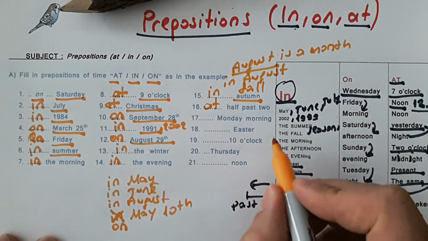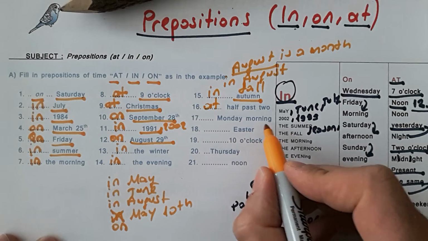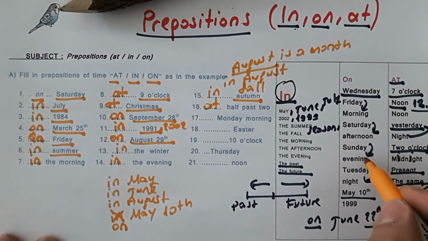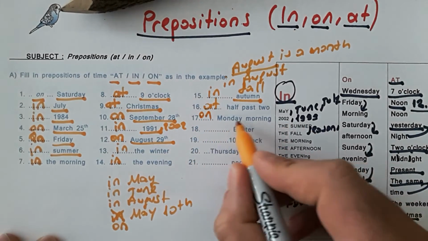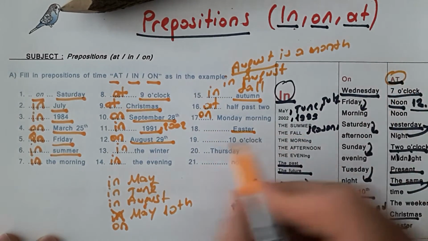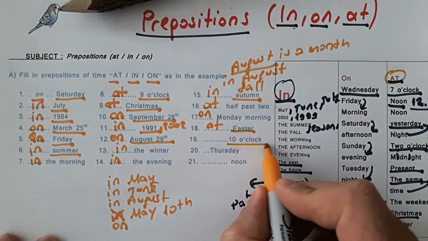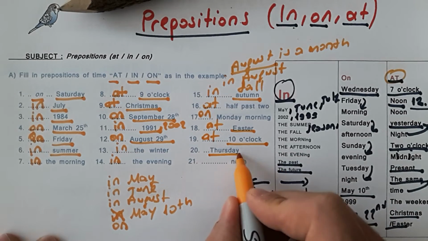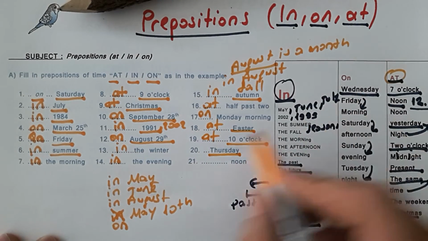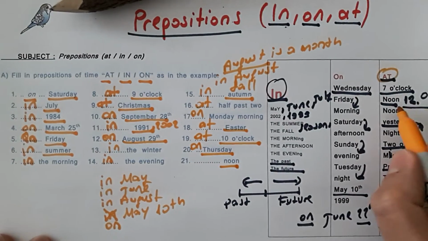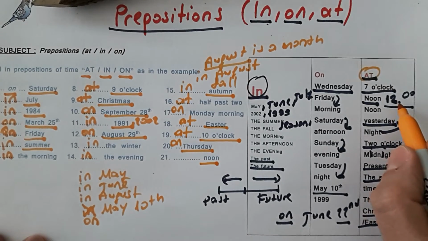At 2:30. While we are using on Friday, Saturday afternoon, on Sunday evening, like that, we were using on here. On Monday morning, and Easter, we were using at before time, again at. Thursday, before days, on, and noon, so we were using again at here.